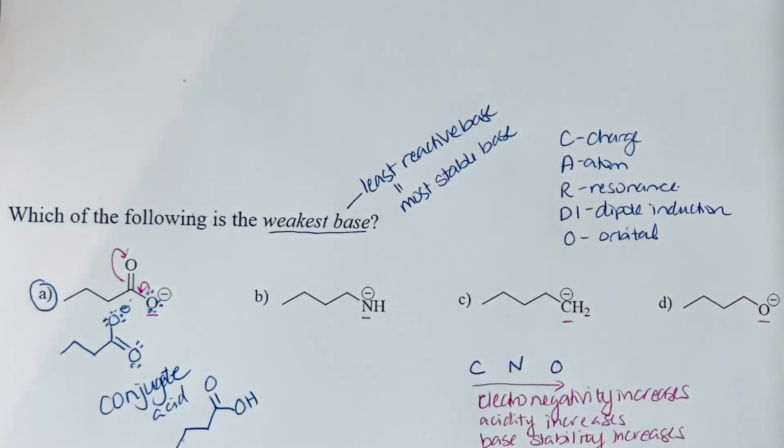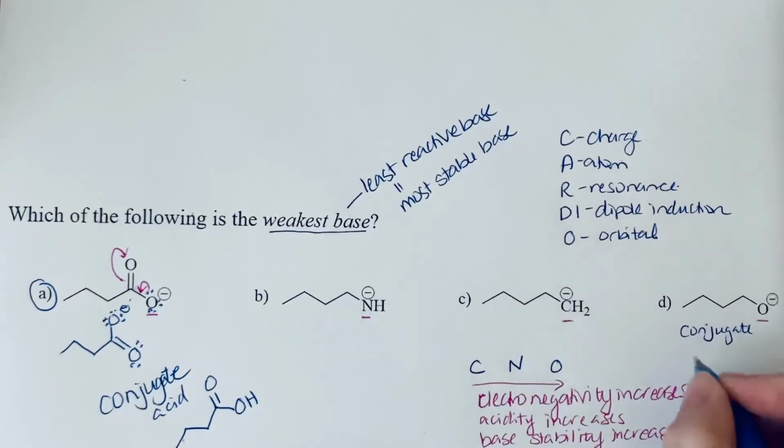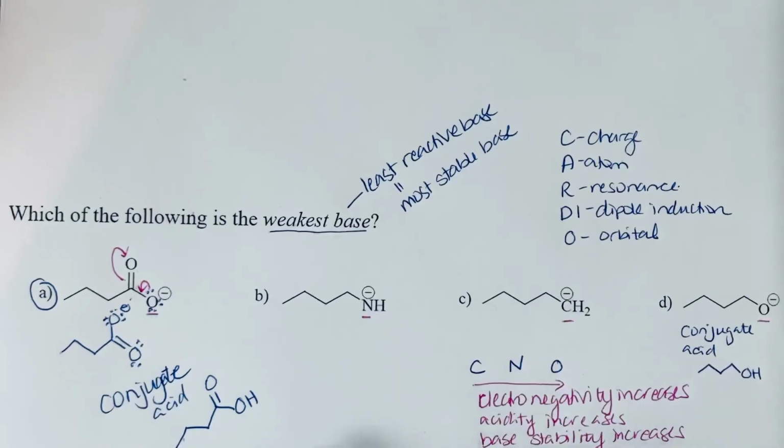And if we're going to compare this, let's just compare it to D, because we know it's not B or C. So the conjugate acid of D is this alcohol.